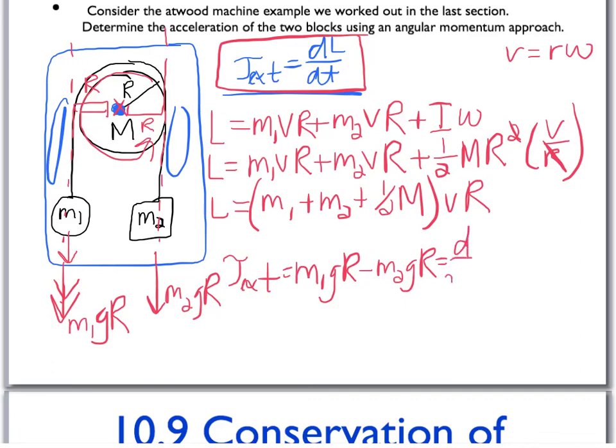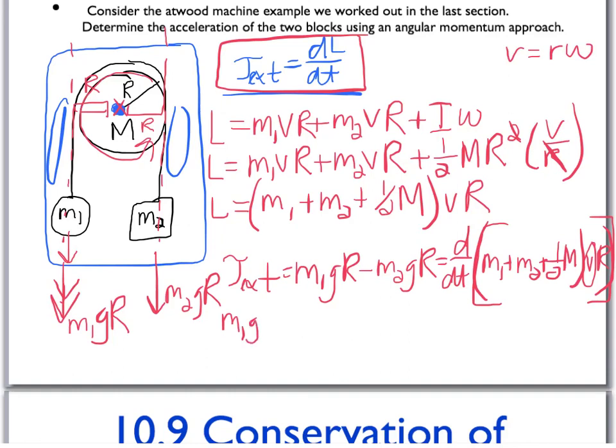So we're looking at the time rate of change of all of this M1, M2, 1/2 M, and VR, and how that changes with time. Now as we look at this, the only thing that's going to change with time is the V value that we have here. The R values aren't going to change with time. The M values aren't going to change with time.